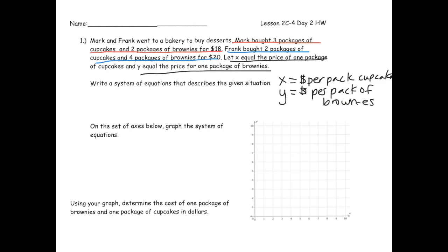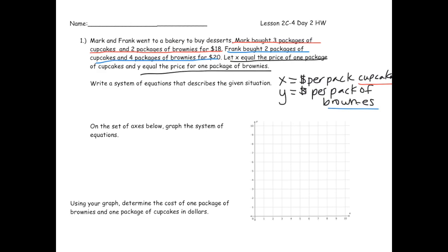So if I know that, wherever I see X, I'm going to think cupcakes. Wherever I see Y, I'm going to think brownies. And vice versa. So write a system of equations that describes the given situation.